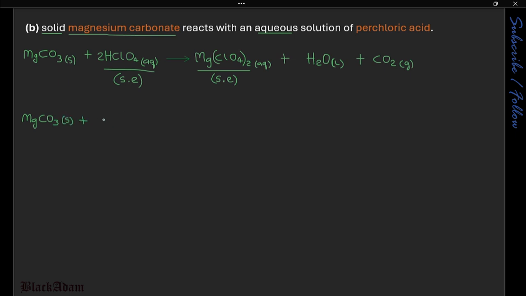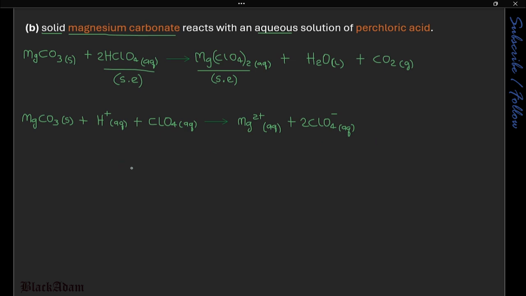So we have magnesium carbonate solid reacting with hydrogen ion, aqueous. We can balance it later. Plus perchlorate, which is negatively charged, and then we have magnesium, which is 2 plus in aqueous form, and 2 perchlorate, negatively charged, in aqueous form.